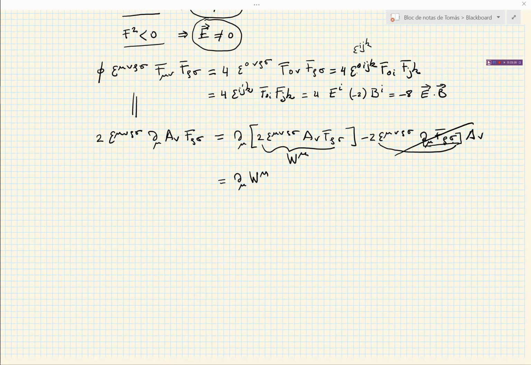So if I had a field which has to be a scalar in order for this to be Poincaré invariant, and if we were much more precise when we took into account improper Lorentz transformations, we would conclude that this phi has to be a pseudo-scalar, but let's not get into that. In that case, this could give you non-trivial equations of motion, and this field would be what is called an axion. This is just a curiosity for you to know.